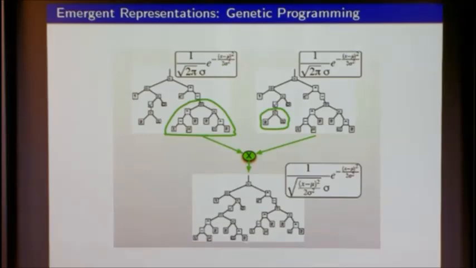Well, the subtree recombination operator, which is standard and used in genetic programming, picks a node here and takes that whole subtree of the node, and it picks a node on this program, and it swaps these two things together. So here is this node down here. It put this node into that position.